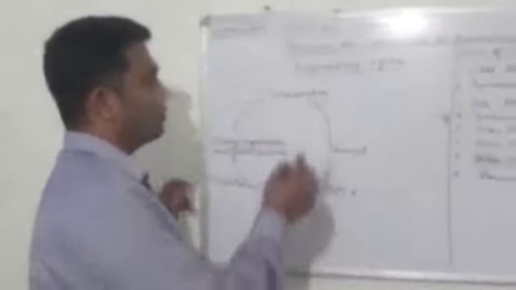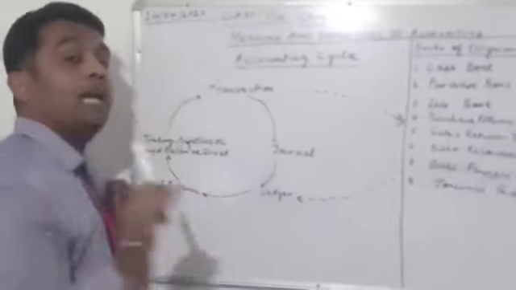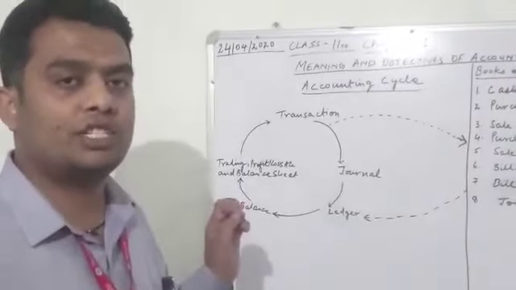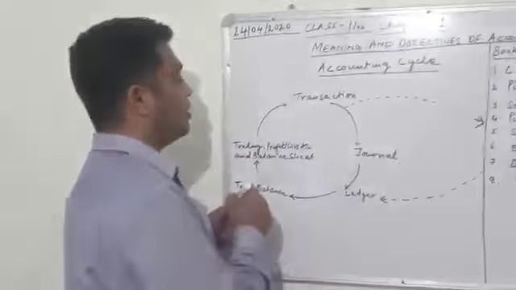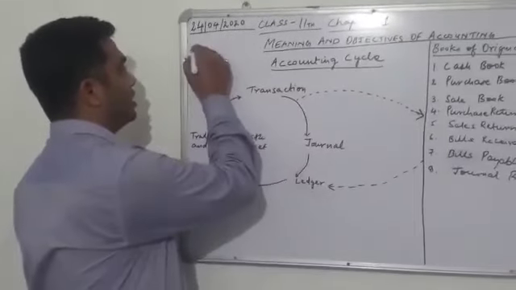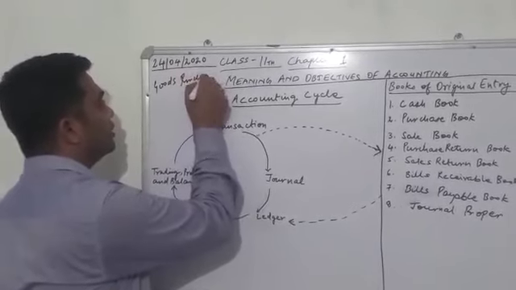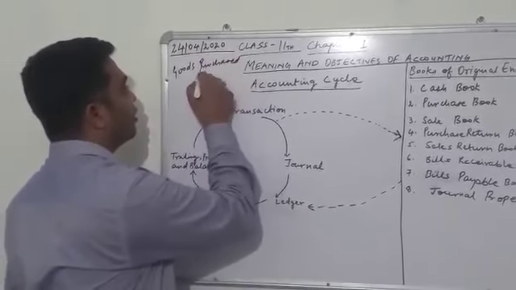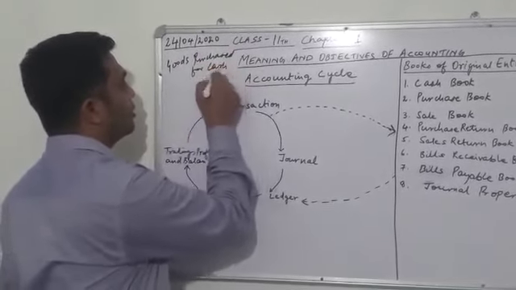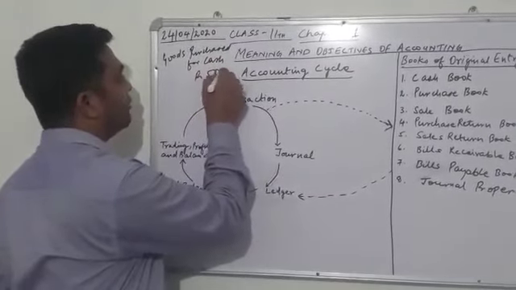So today I am going to explain the accounting cycle, how a transaction takes place. First of all, suppose there is one transaction: goods purchased for cash, rupees 5,000.